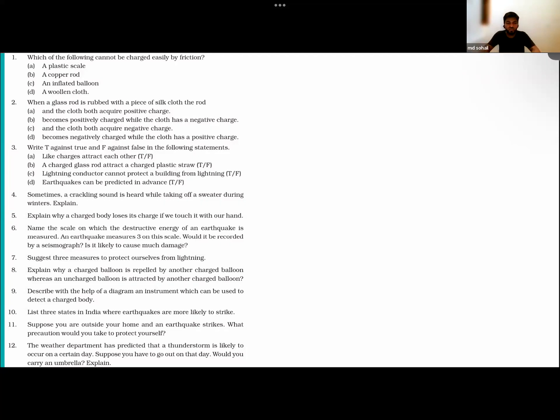A copper rod or a plastic scale cannot be charged easily by friction. Next, see the next question. When a glass rod is rubbed with a piece of silk cloth, the rod and which options are correct here?